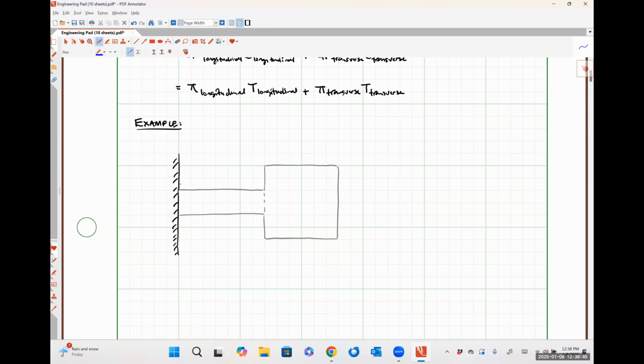Now let me hit you with some dimensions. The length of our beam is 200 microns. The width of our beam is 20 microns. Over here on the right-hand side, we have our mass. So this is going to be thought of like a 50 micron by 50 micron square, obviously not to scale.